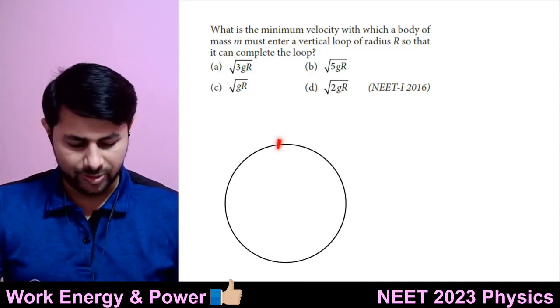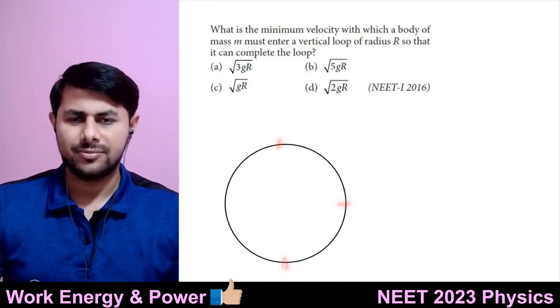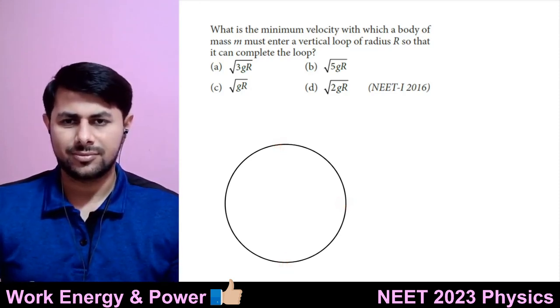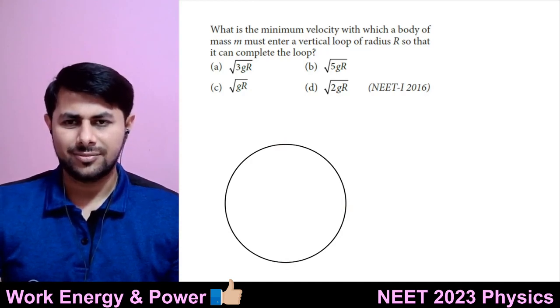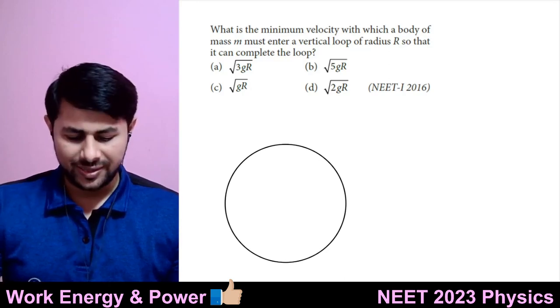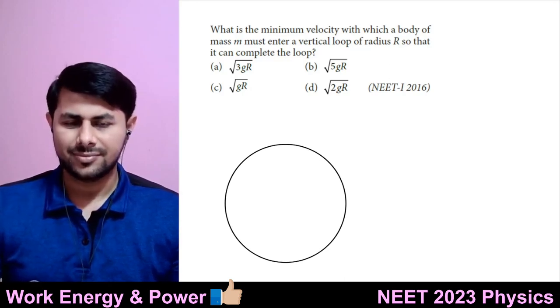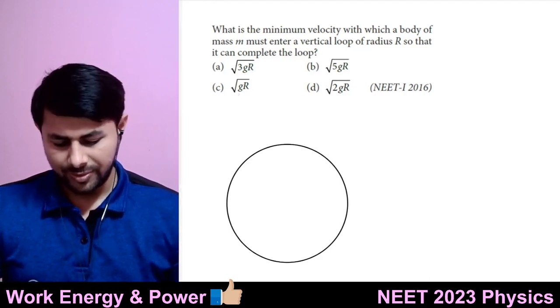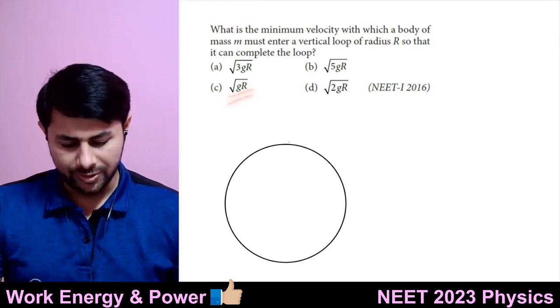At which point? At the topmost point, right? How much is that? Square root of gr. We solved it, no?